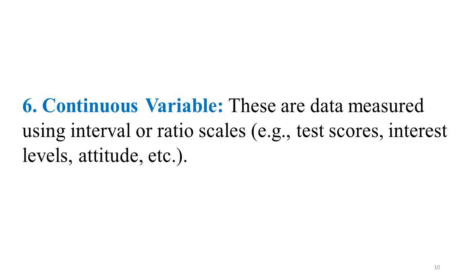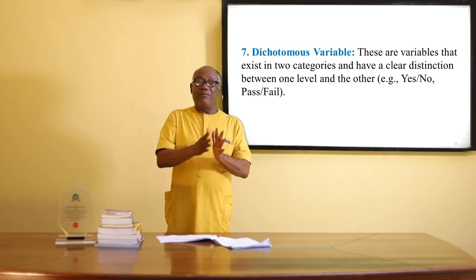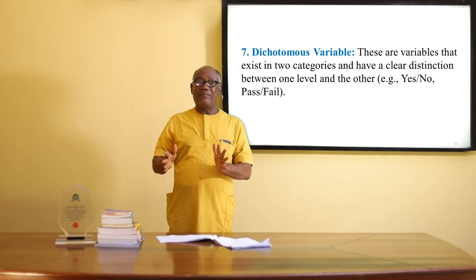Such data are described as continuous variables. Now, closely related to continuous variable is what we call dichotomous variable. Dichotomous variables are such variables that there is a clear demarcation between one level of the variable and the other.